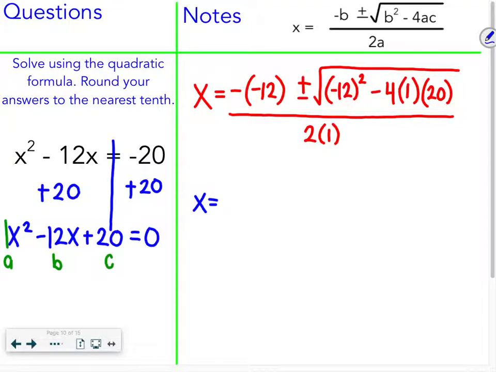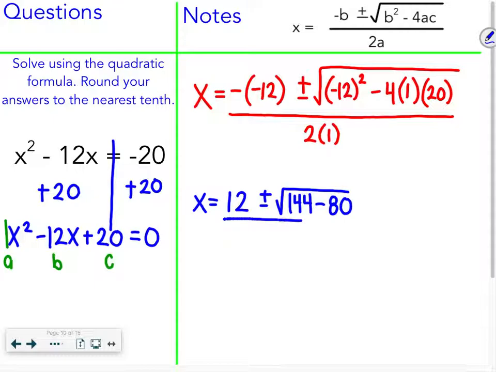So I've got x equals, that minus a negative 12 will become a positive 12, plus or minus the square root. Negative 12 squared is 144. Negative 4 times 1 is negative 4. Negative 4 times 20 is negative 80.